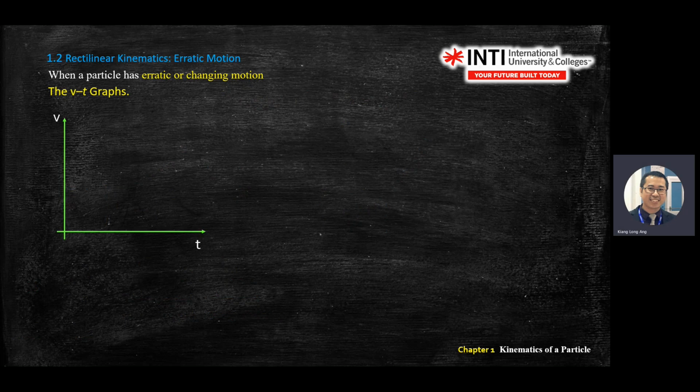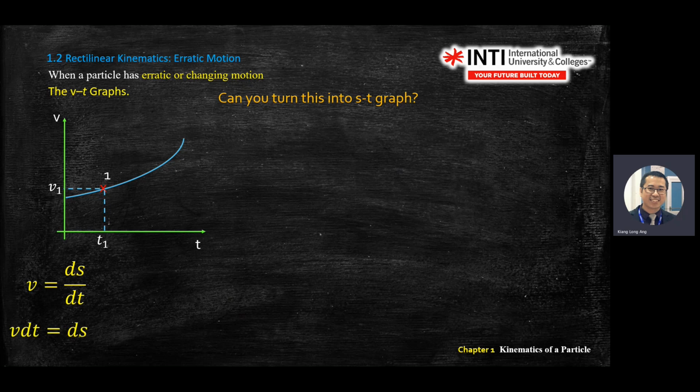What about VT? Use the same principle. You can change this one to an S versus T graph. Use the same principle, I do it a bit faster.